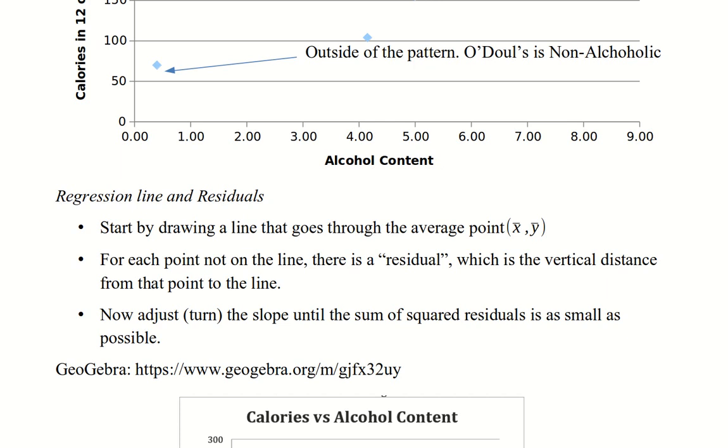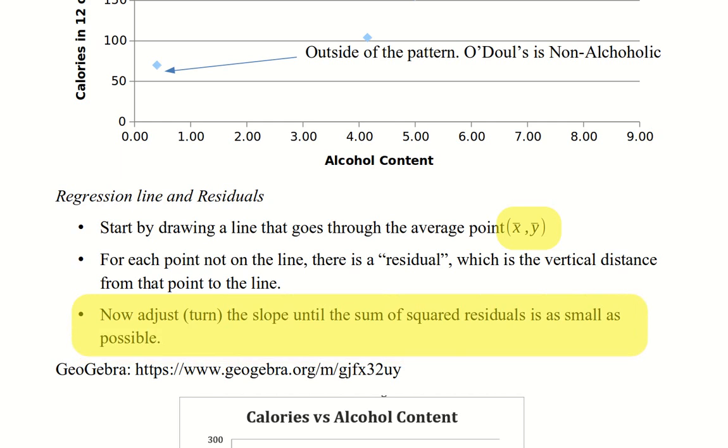So how to do this in a very conceptual way is you start with a line that goes through the average point. And the average point is exactly what you'd think. You add up all the x values, divide by their number, you add up all the y values, and divide by their number. Now, then you have a line that goes through that, and you adjust that line.